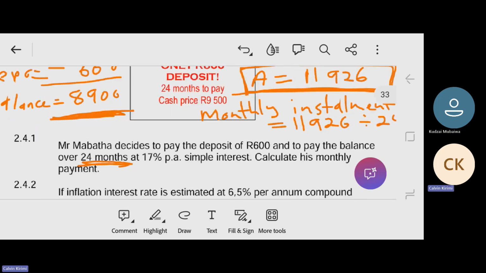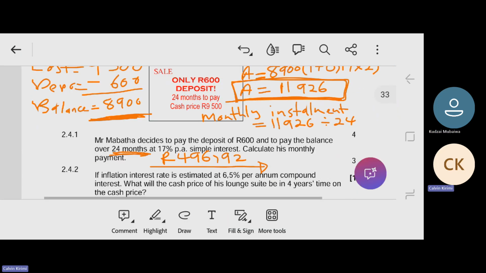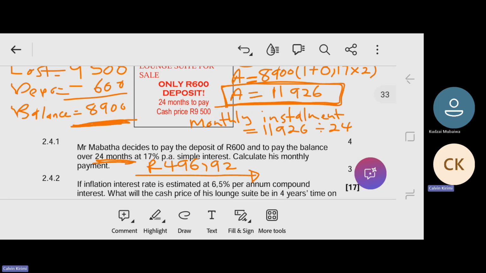But money is in rands and cents, so it's comma 92, not comma 91. You round off to the nearest cent, 92 cents. You must be able to round off to 2 decimals. So that is the monthly payment.